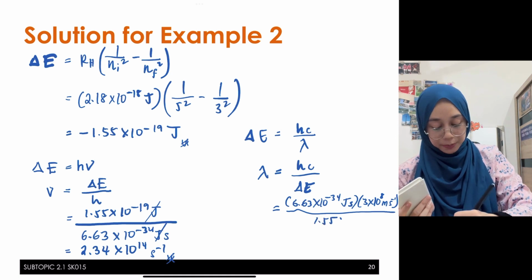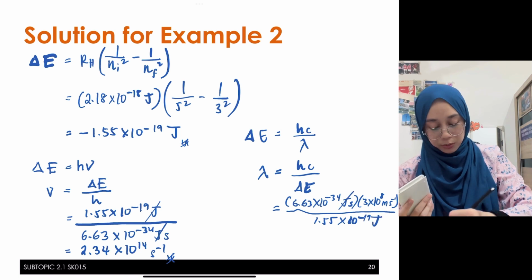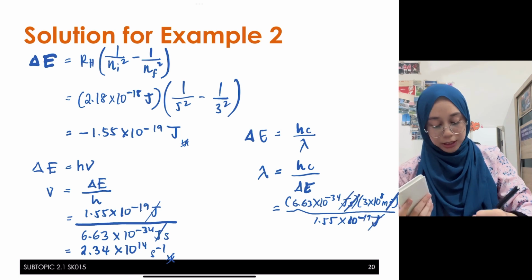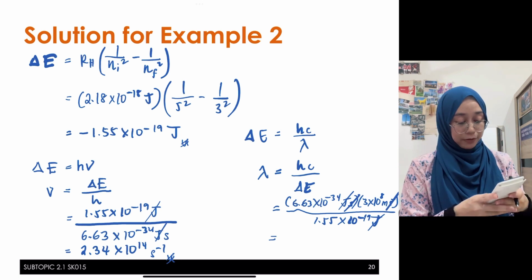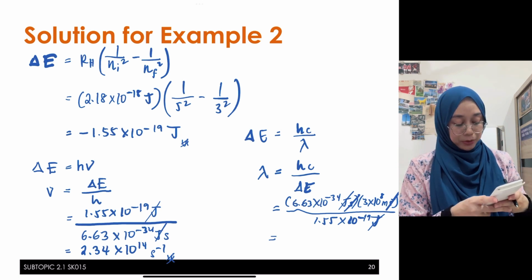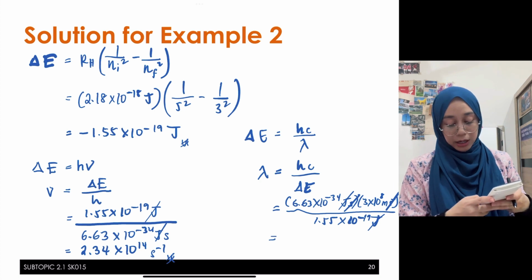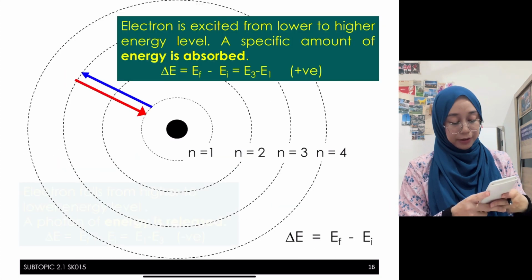So sekali lagi kelas, tak payah bawa the negative sign, okay. And then ini joule, so joule kita boleh cancel off, second pun cancel off juga, so we only left with meter. Okay, so 6.63 E negative 34 darab 3 exponent 8 bahagi 1.55 E negative 19.